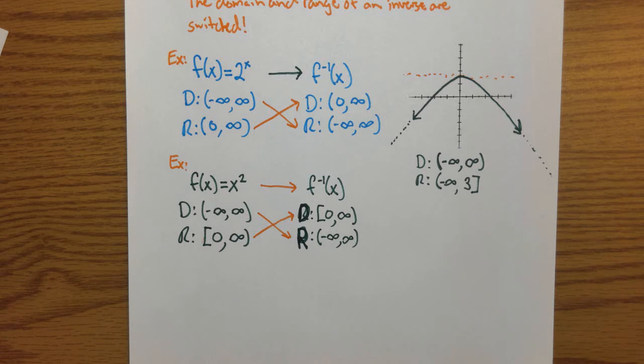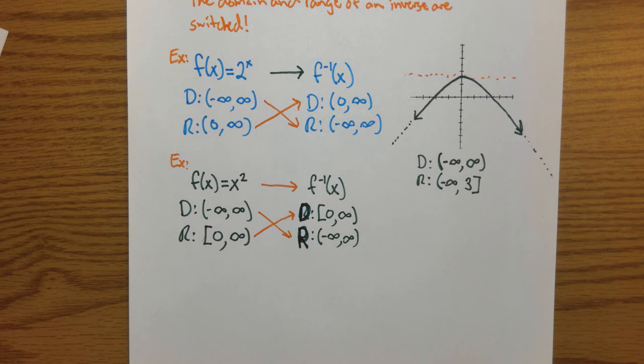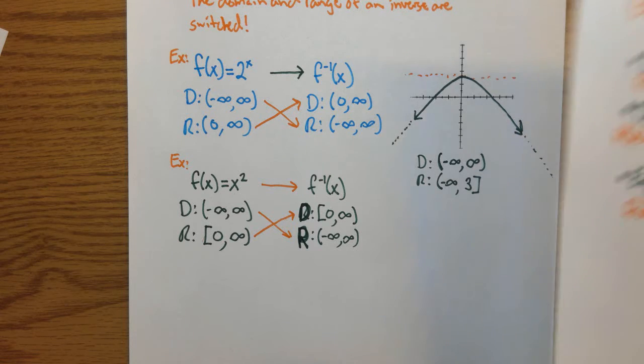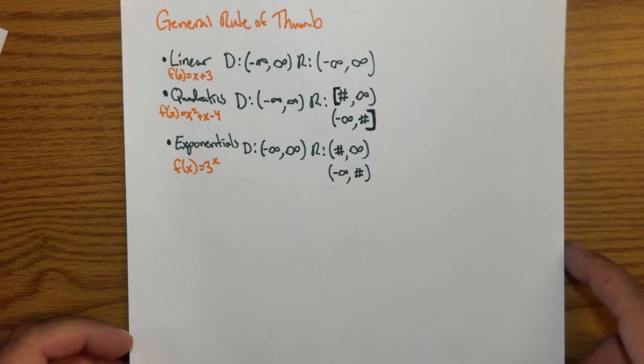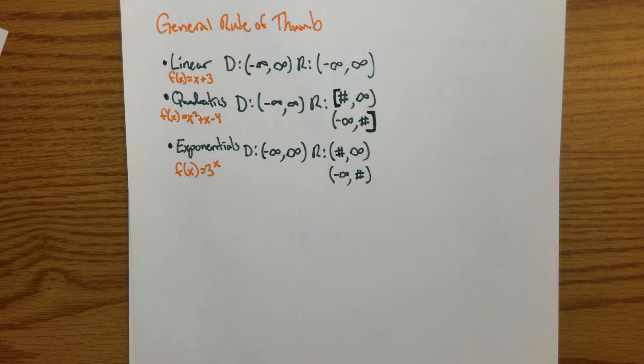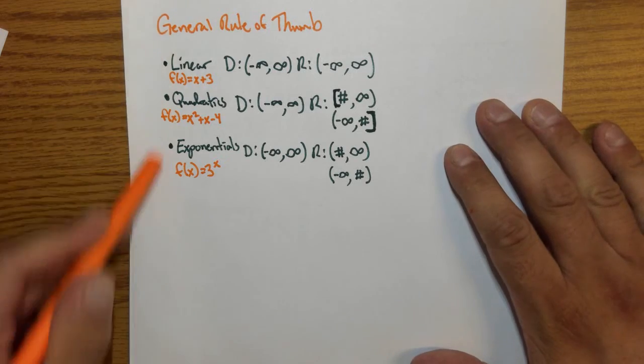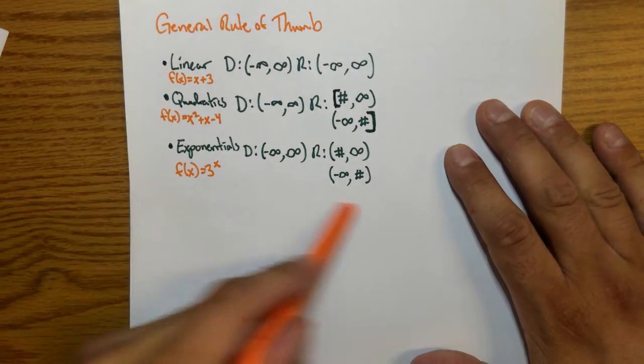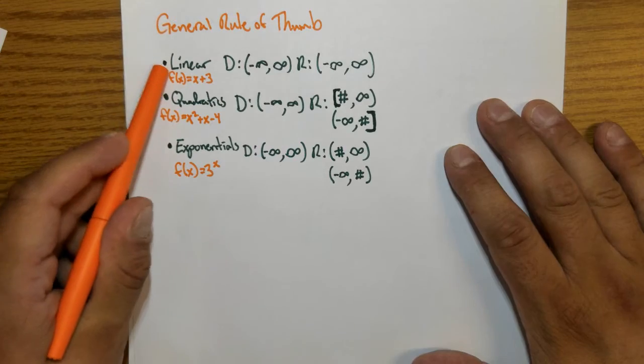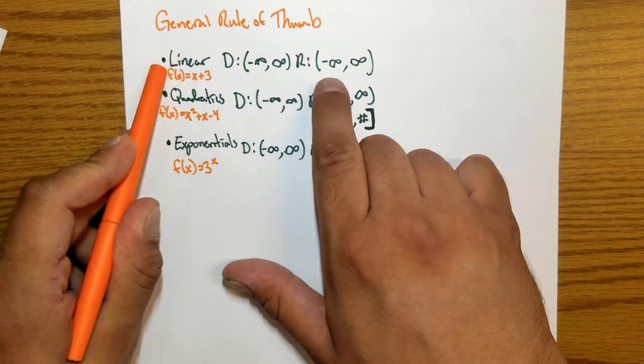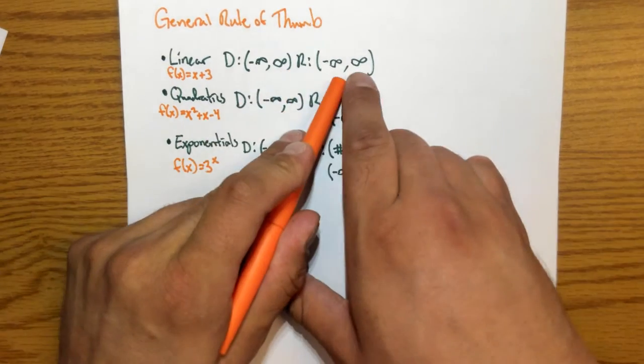Awesome. So here's also a rule of thumb that you might want to write down. A rule of thumb is kind of a rule, but there are a lot of exceptions. So note that in all of this there are exceptions, okay? Generally, a linear function's domain and range will be from negative infinity to positive infinity.